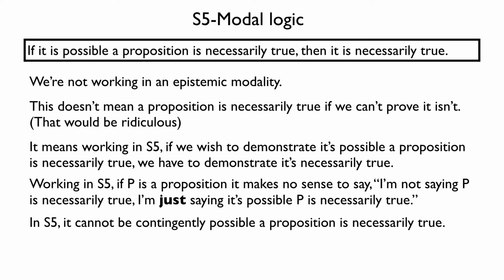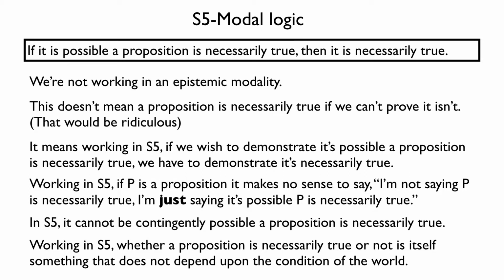In S5, it cannot be contingently possible that a proposition is necessarily true. Another way to put this, and I think this is what's going on at a deep level, is that working in S5, whether a proposition is necessarily true or not is itself something that does not depend upon the condition of the world. Okay, so that's S5 modal logic.